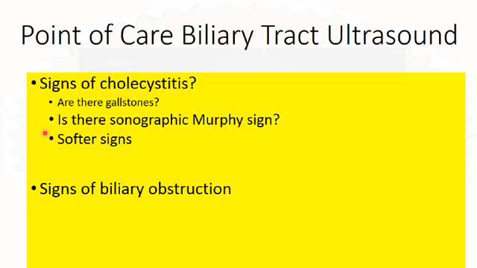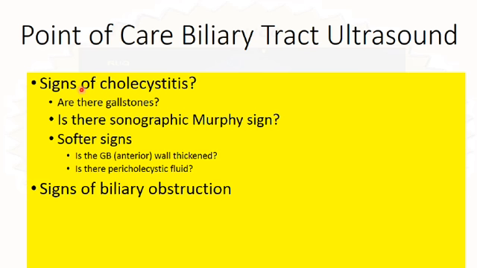But there are some soft signs, and the soft signs are not as important because of both false positives as well as false negatives. And these soft signs are thickening of the anterior wall of the gallbladder and fluid around the gallbladder, so pericholecystic fluid.